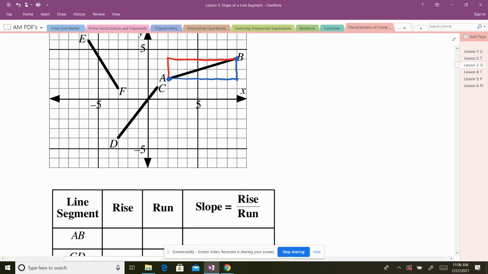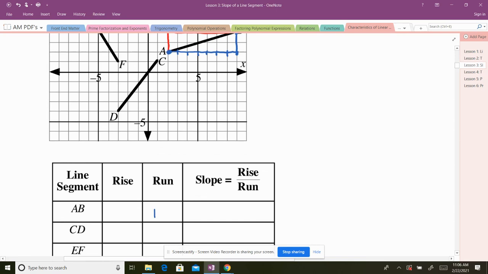So we count. 1, 2, 3, 4, 5, 6, 7. We went to the right, so it's going to be positive, right? So our run is positive 7.